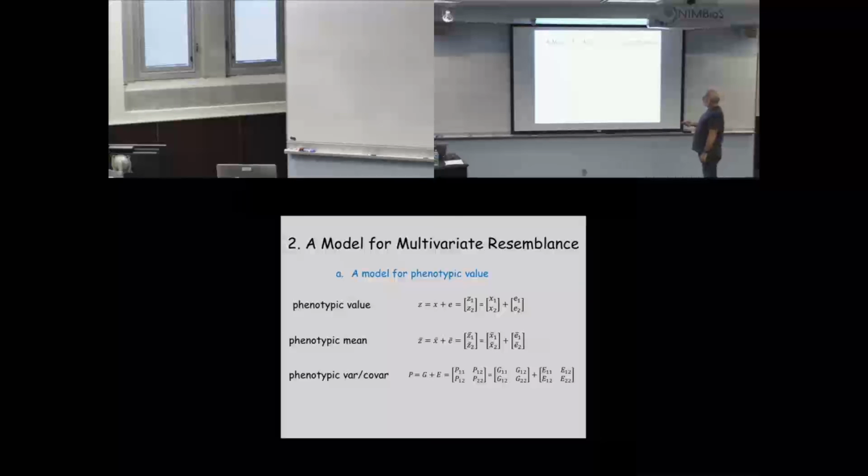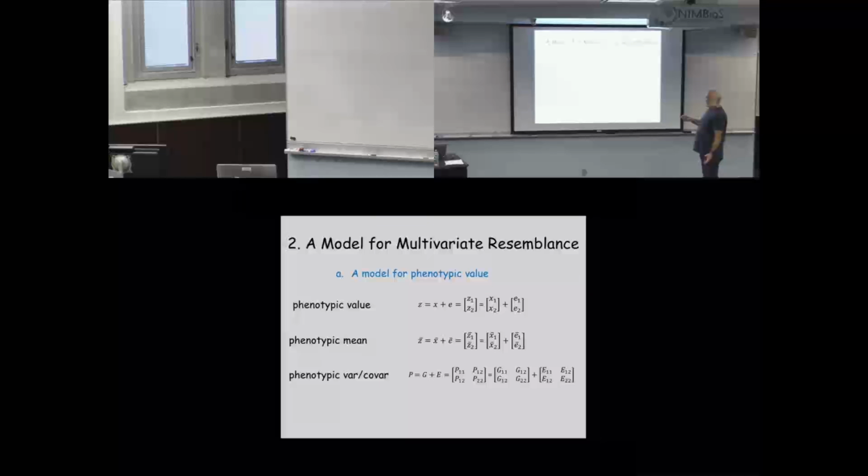So here's our same symbol for the phenotypic value of an individual, z. Here's the breeding value, the sum of additive effects over loci as they affect that trait. And here's the environmental values. Okay, so in the multivariate case, illustrated here with the two-trait case, there's a column vector of two values.